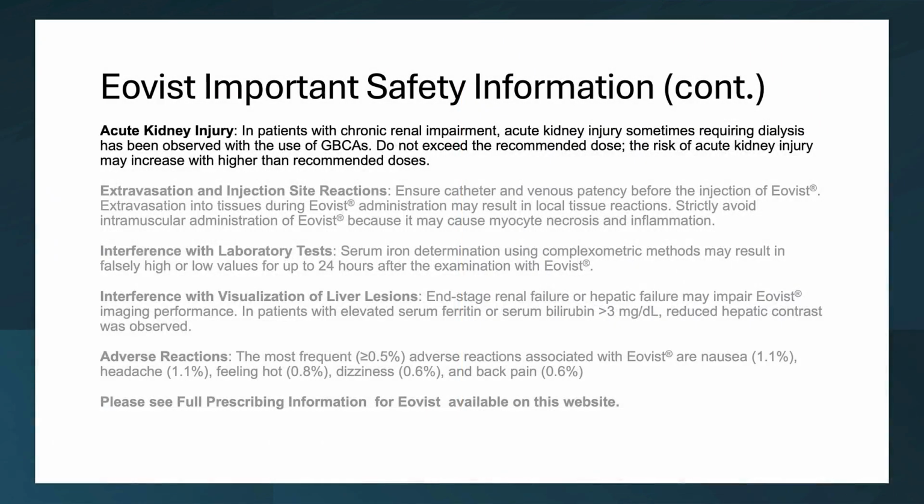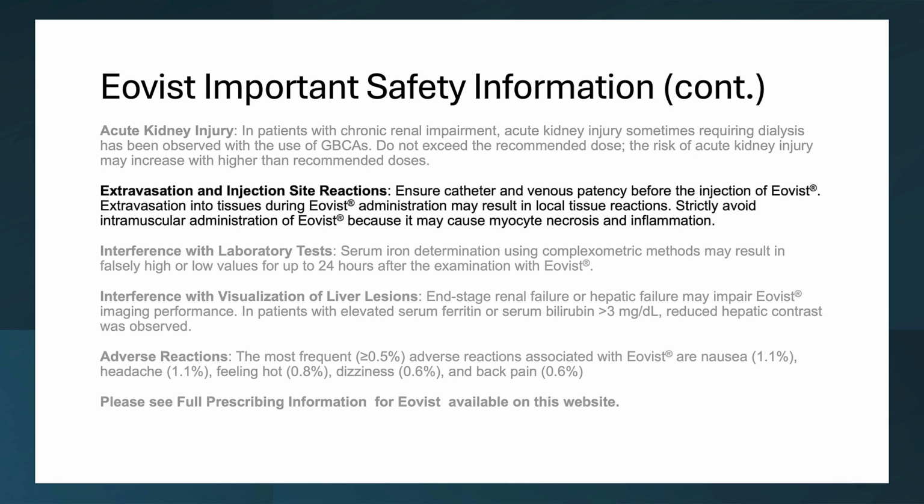In patients with chronic renal impairment, acute kidney injury, sometimes requiring dialysis, has been observed with GBCAs. Do not exceed the recommended dose, as this may increase risk. Ensure catheter and venous patency before injecting EOVIST, as extravasation into tissues may result in local tissue reactions. Strictly avoid intramuscular administration.